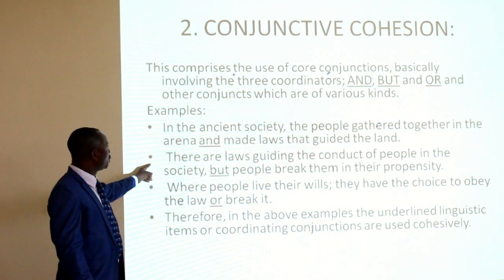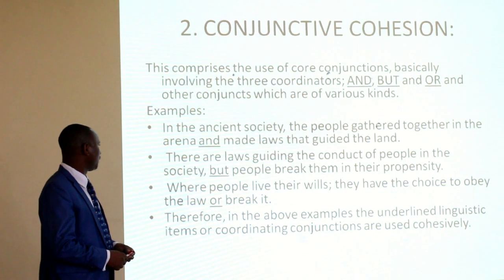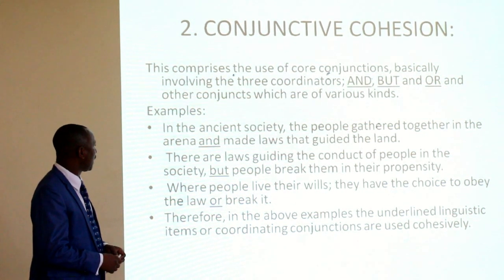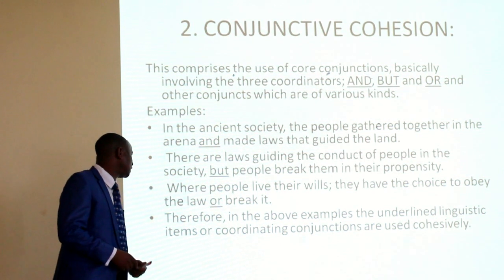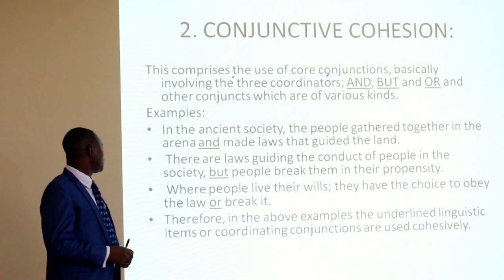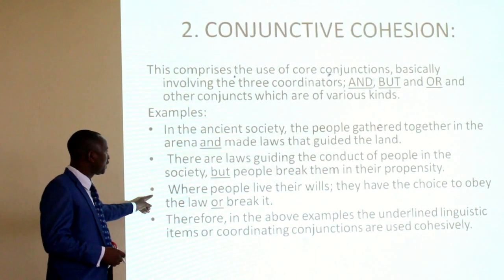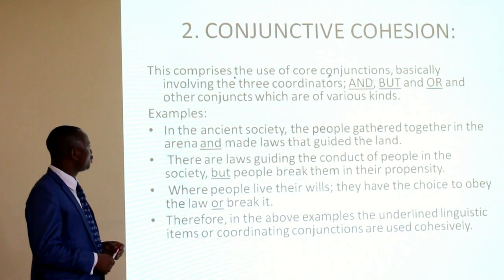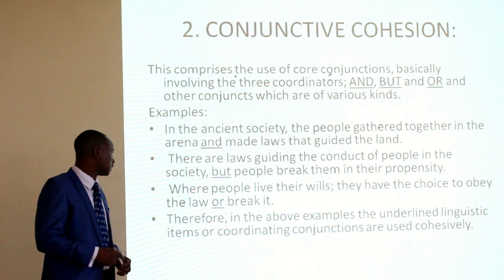"There are laws guiding the conduct of people in the society, but people break them in their propensity." So you can also see how "but" is used in that sentence. The other sentence is: "Where people leave their wills, they have the choice to obey the law or break it."